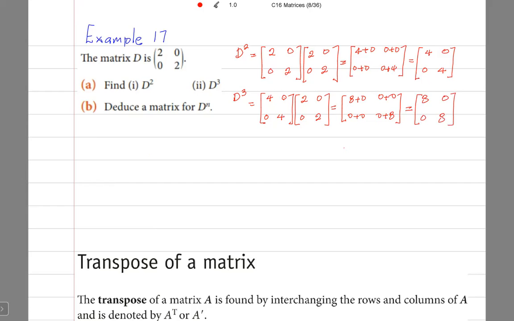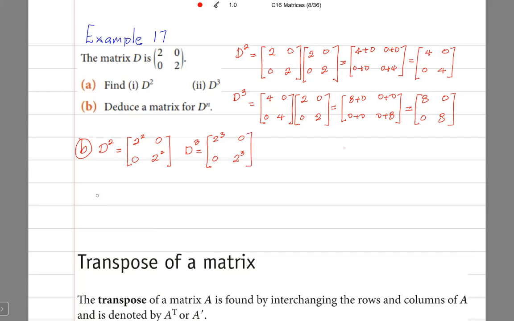All right. So part B now is asking us to deduce D to the n, D raised to the n power. So far what we have seen is that D squared is actually equal to 2 squared, 0, 0, 2 squared, and that D cube is 2 cube, 0, 0, 2 cube, and that's by observation.